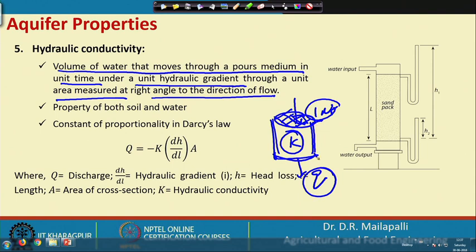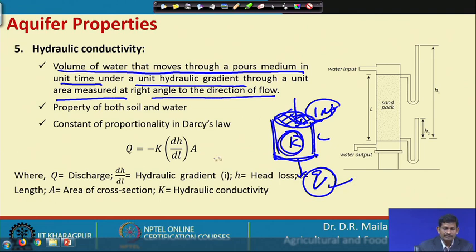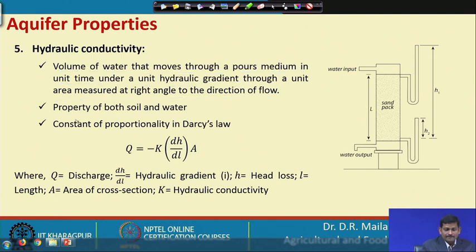Suppose the pressure difference, the pressure gradient, is unit, then the flow is equal to the hydraulic conductivity. This equation was first given by Darcy: Q is equal to minus K dH by dL into A.